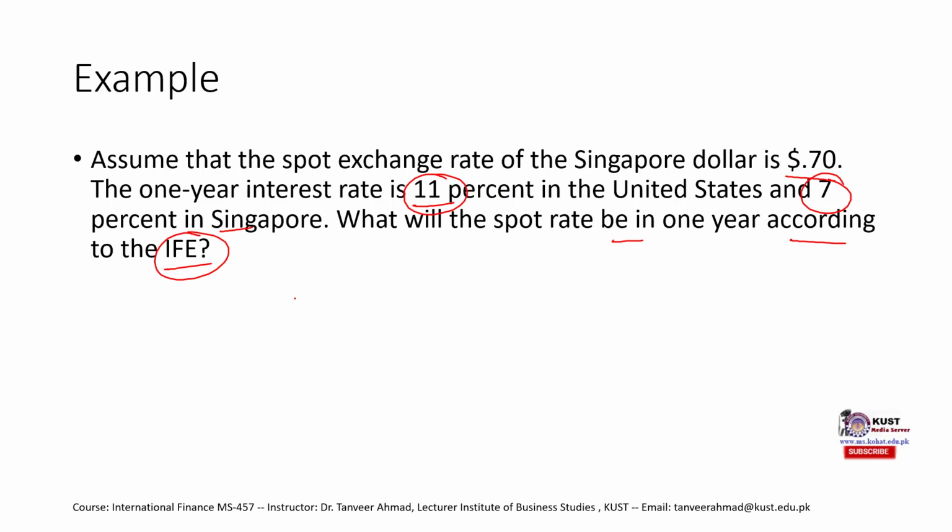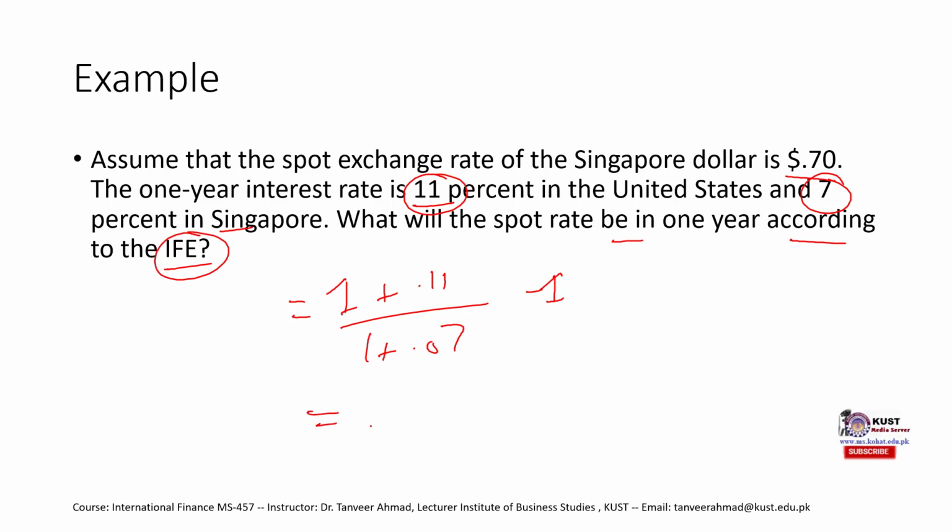So the idea is the same. We take the home country's interest rate. So in this case, the interest rate of the US is 11%. It is our home country, and then minus 1. So this would give us some percentage.